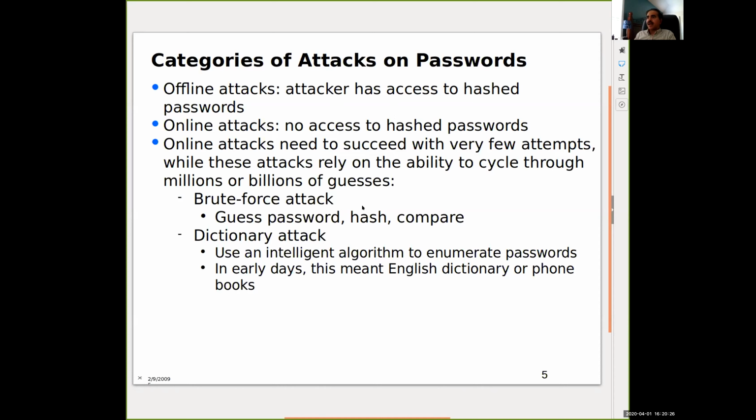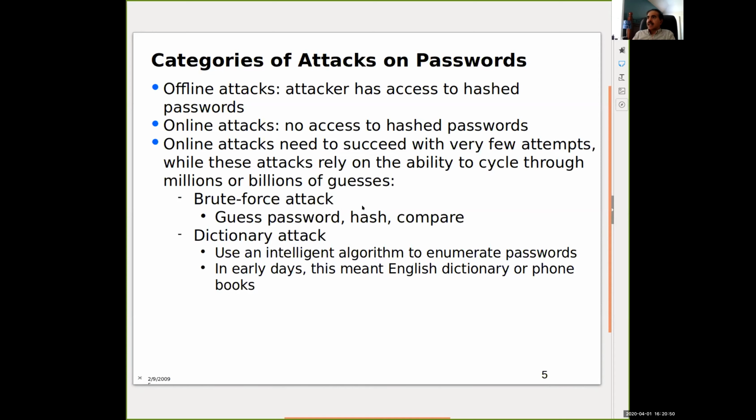These are attacks where the attacker is not trying to directly authenticate themselves to the system, but instead they are going to use some password cracking algorithm that can be run offline using these hashed passwords. And then after this cracking algorithm terminates, maybe they'll have the passwords and then they can try to authenticate themselves.